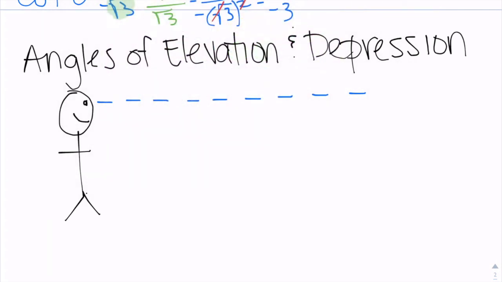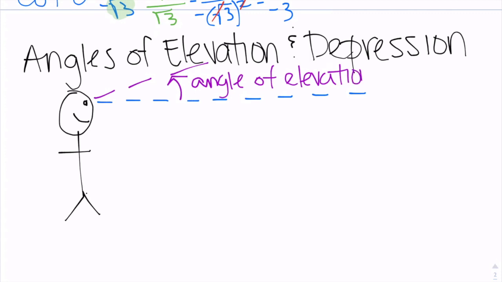And then the angle of elevation would be going up here. So from that line up is going to be your angle of elevation. And then from that line down is your angle of depression.